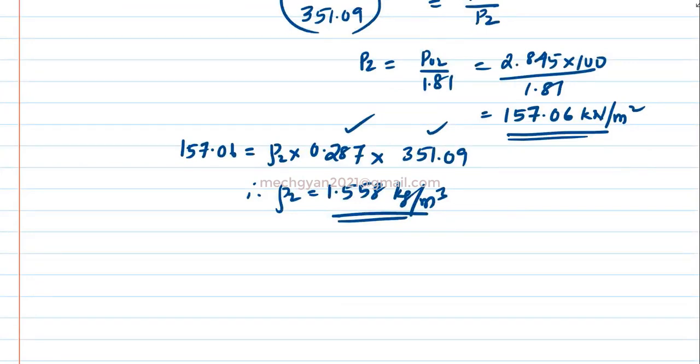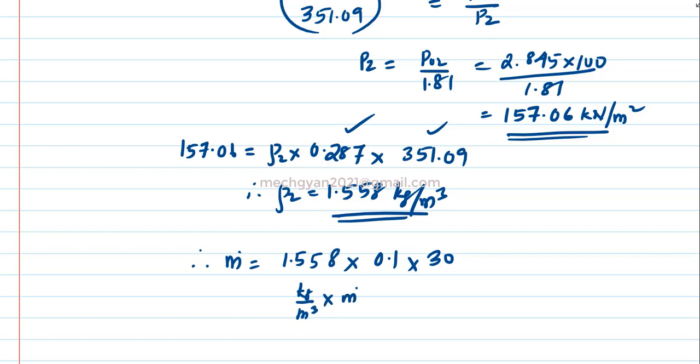So therefore mass flow rate is 1.558 into area into VF2. The unit is kilogram per meter cube into meter square into meter per second, so we get the value in kilogram per second. So that is 4.674 kilogram per second.